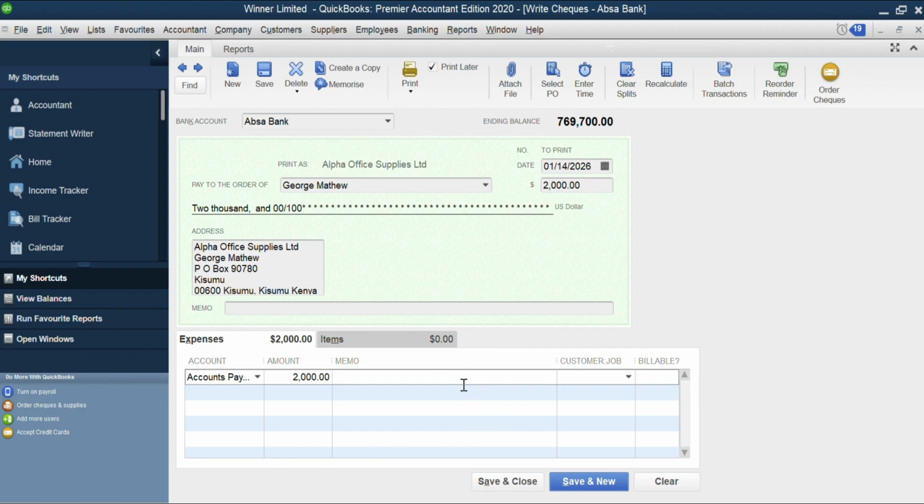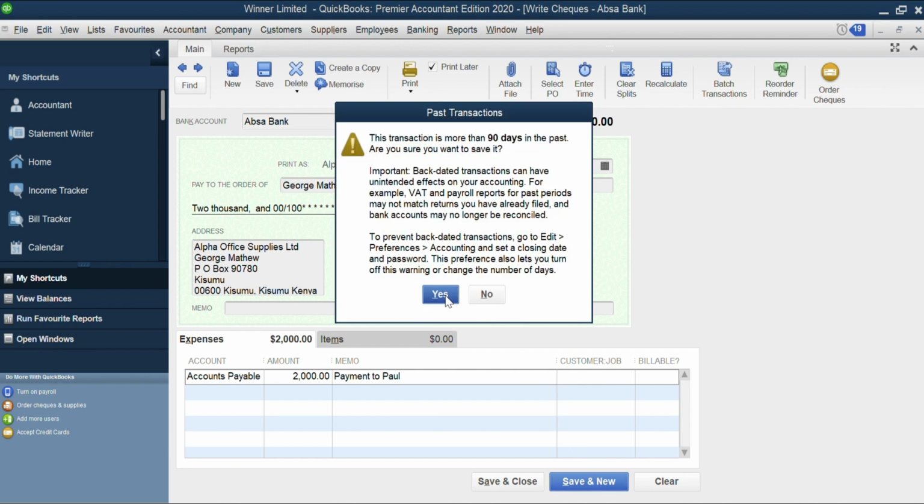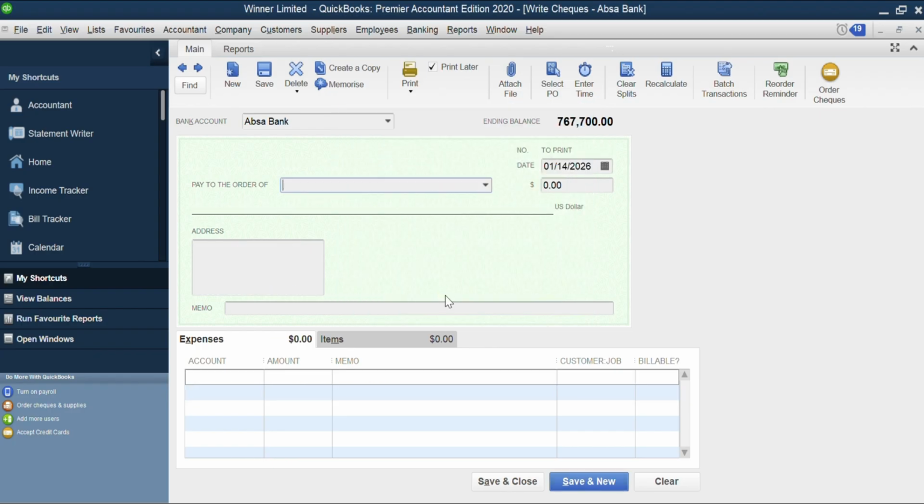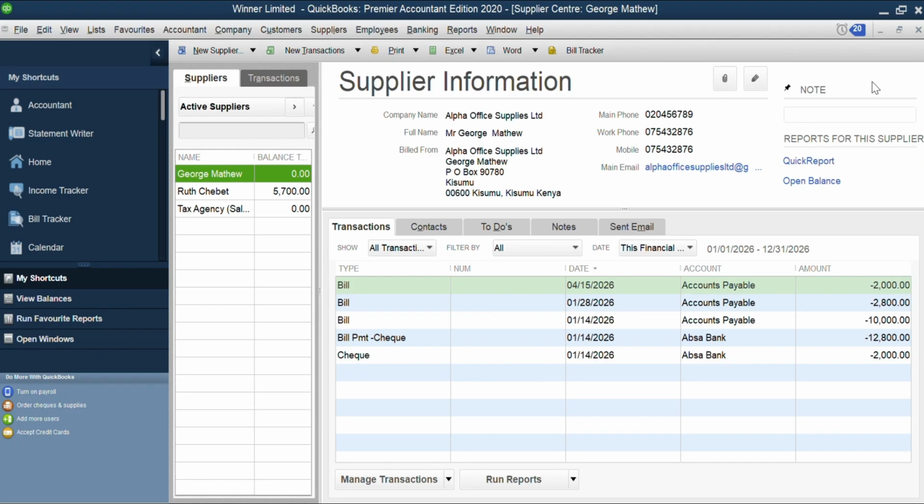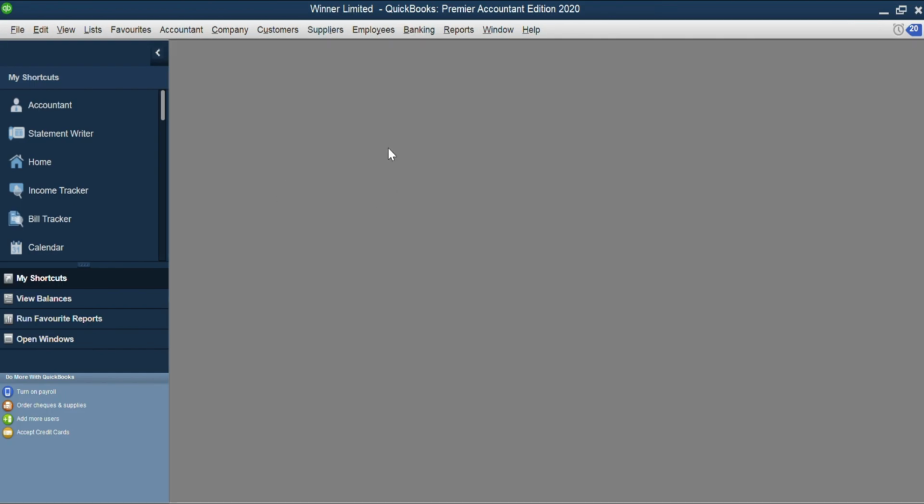This 2,000 was affecting accounts payable, and we want to reduce that balance by 2,000 because we are now paying the supplier. All the bills that are raised by suppliers go to accounts payable. So remember, you must always have an associated account.